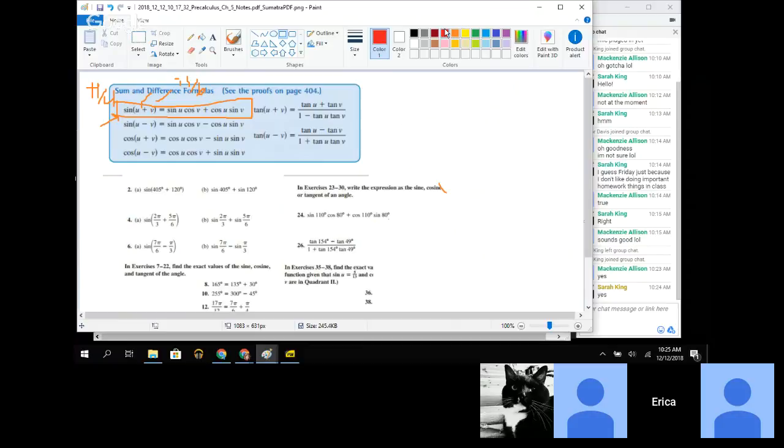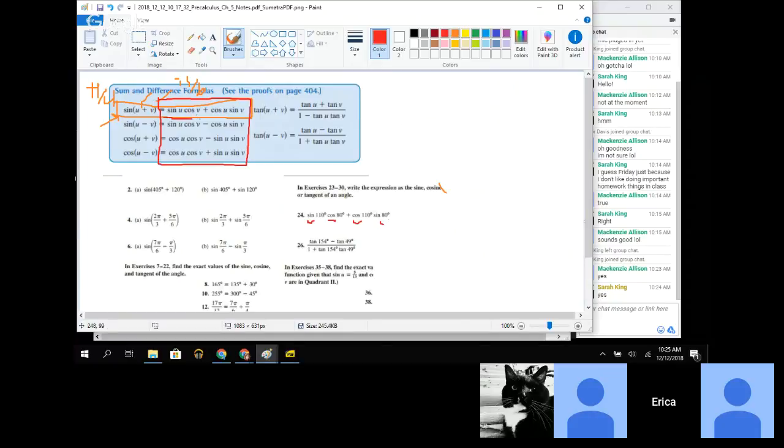So number 24 is the sine of 110 times the cosine of 80 plus the cosine of 110 times the sine of 80. So what this is, they've actually given you the broken out part and you have to basically go backwards and figure out what it is. So this has a sine, then a cosine, and a sine.